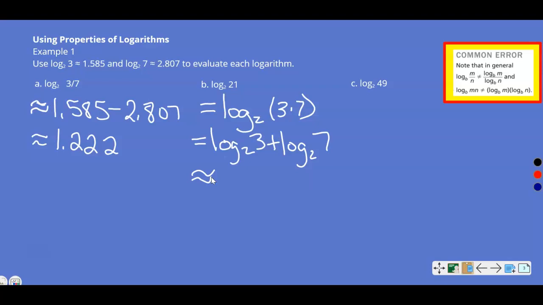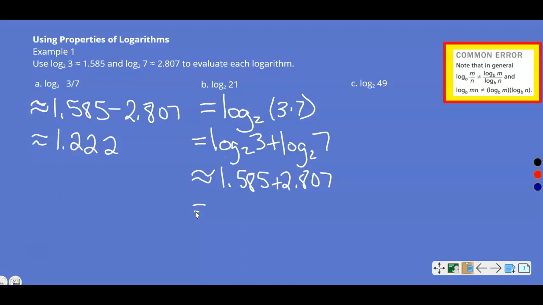All right, so log base 2 of 3 is 1.585 again. And then we're going to add it this time to log base 2 of 7, which is 2.807.